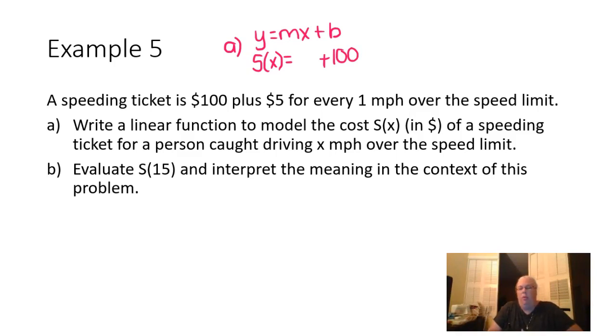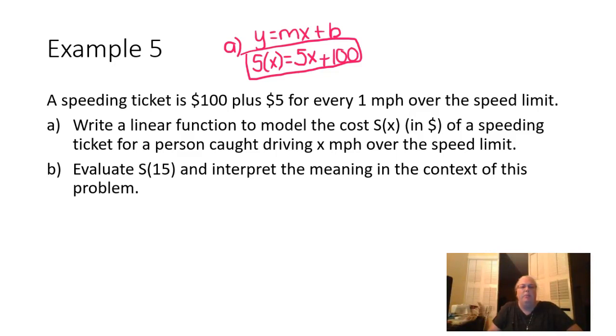If you're only going 1 mile per hour over the speed limit, you pay $5 extra. If you're going 2 miles over, you pay $10 extra. 3 miles will be 15, and so on. So we have a variable cost right here of $5 times the number of miles per hour we're going over the speed limit. So our model, S of x, is equal to 5x plus 100.